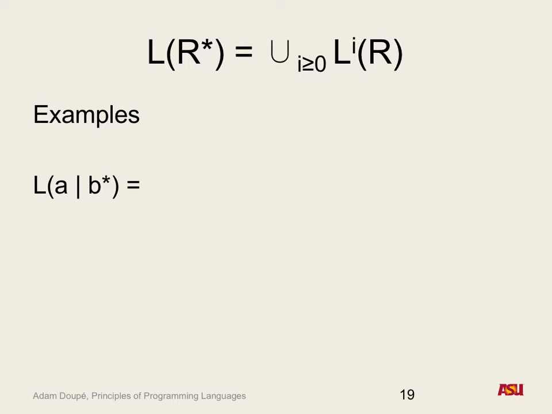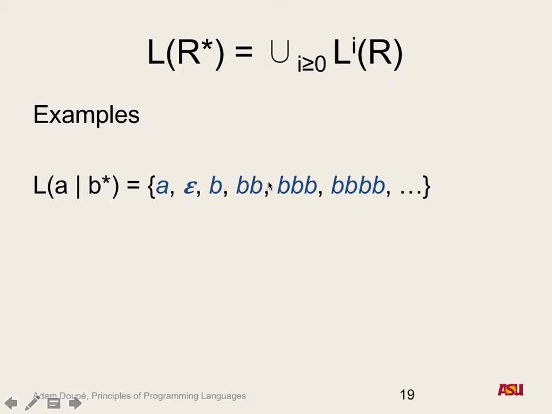Is it a singular string containing any number of B's? All strings containing all B's, so like B, B, B, B. Everything, yes. Cool. So we have A, epsilon, B, B, B, B, any number of B's.